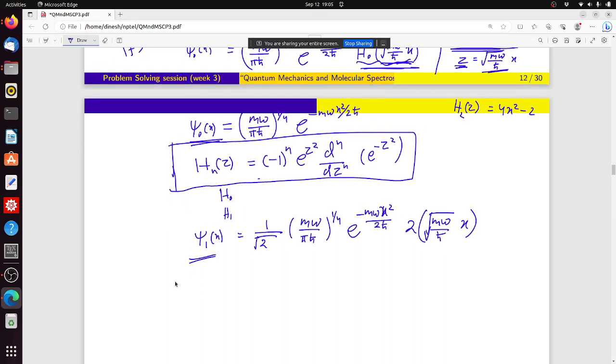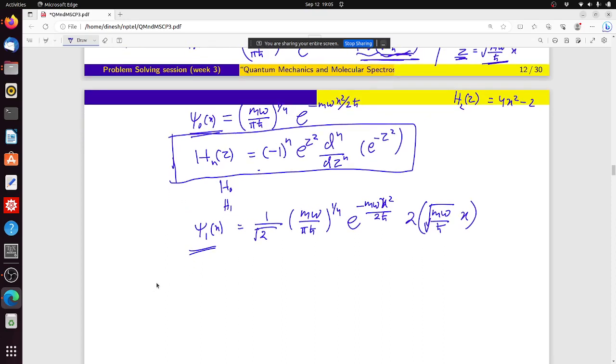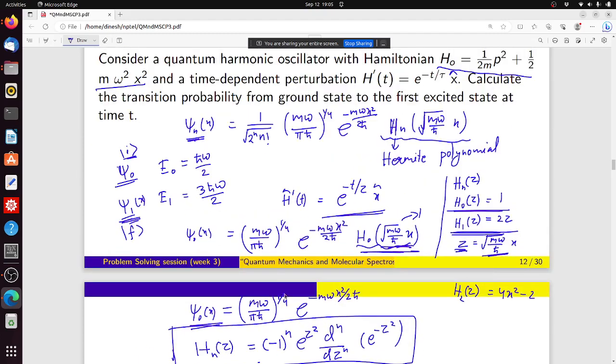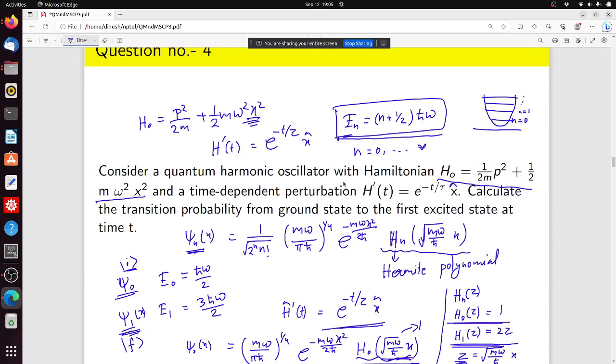So let me write down the general formula for this transition probability. P of f i is nothing but 1 over h cross square, mod of the integral. This function has an x square, so it's symmetric, so x can go from minus infinity to plus infinity.